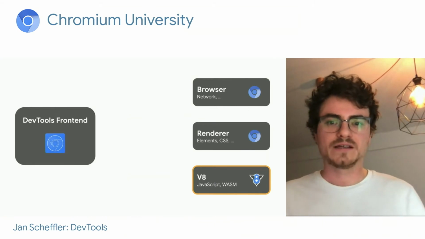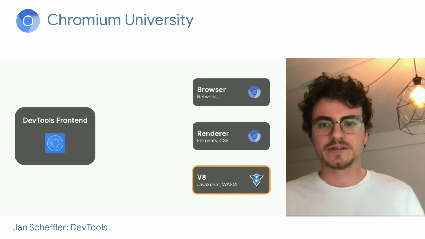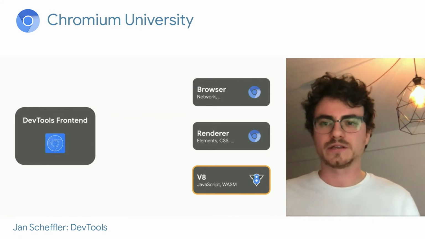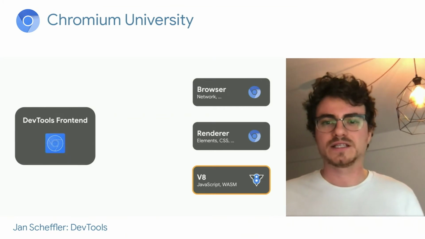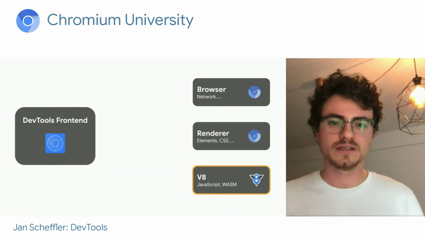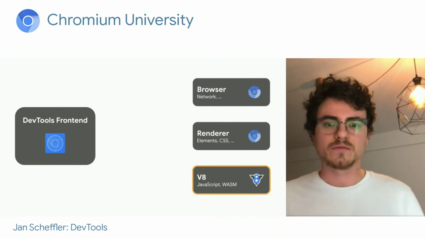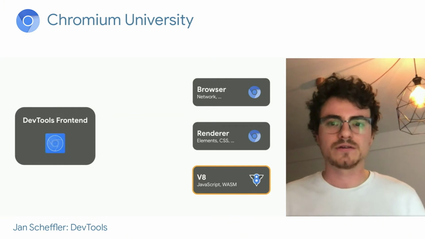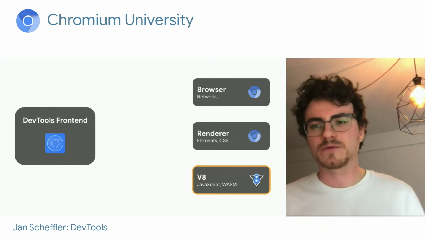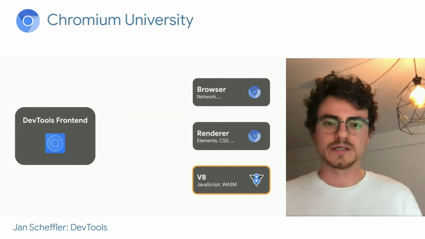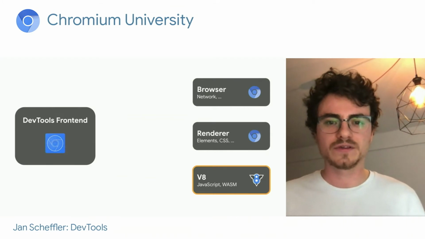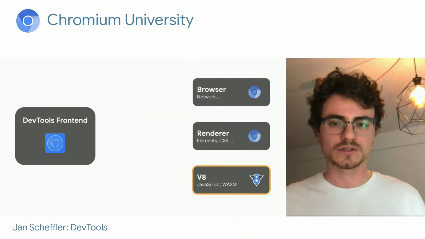Another important backend is V8, the JavaScript engine that's used in Chromium and also Node.js. It's responsible for everything that has to do with JavaScript and WebAssembly. Every time you type something into the console, set a breakpoint or step through a program, DevTools is talking to V8. But you might be wondering, how do these different parts talk to each other?